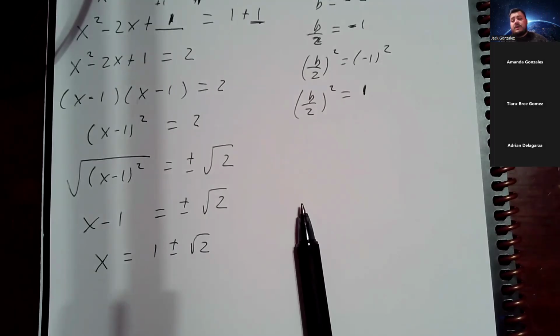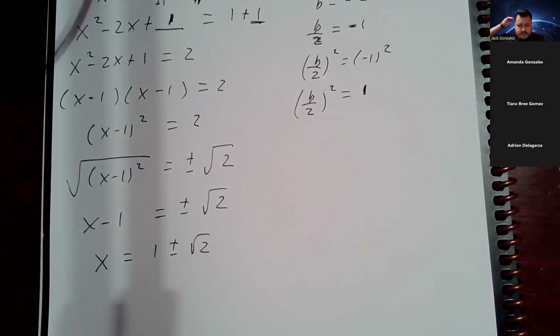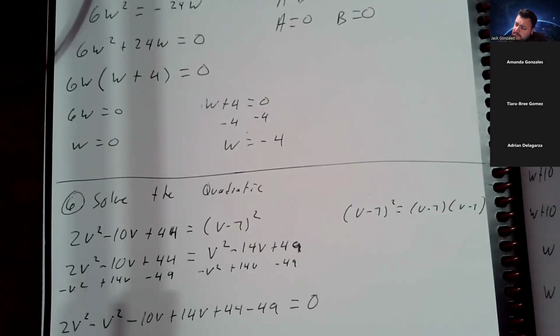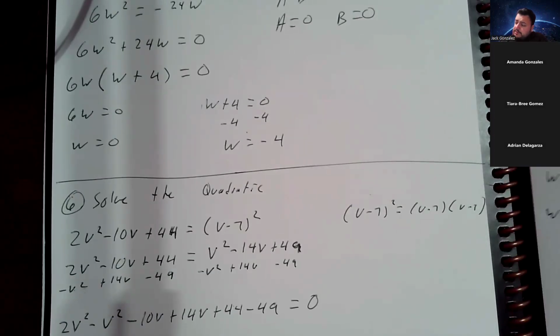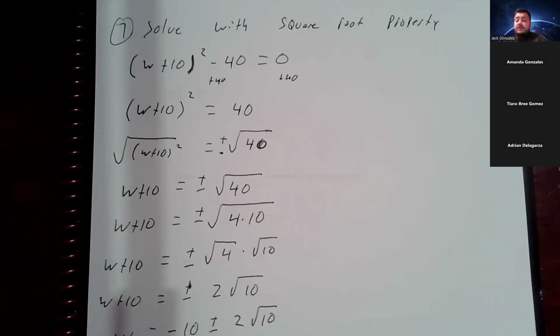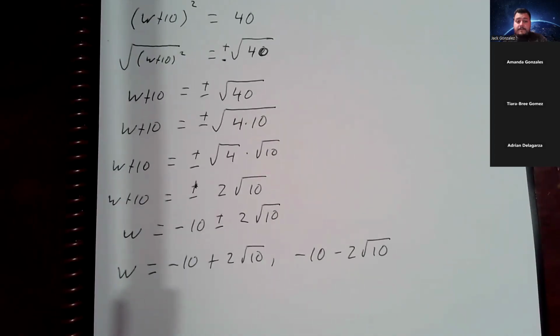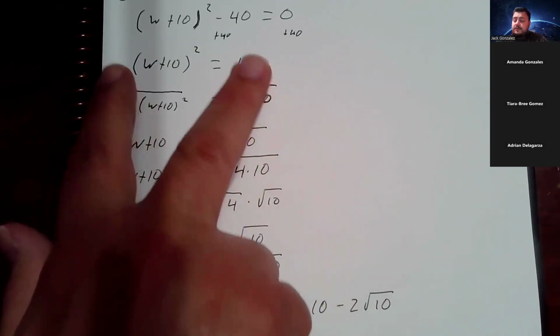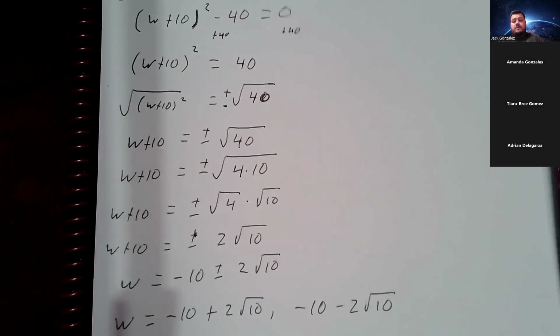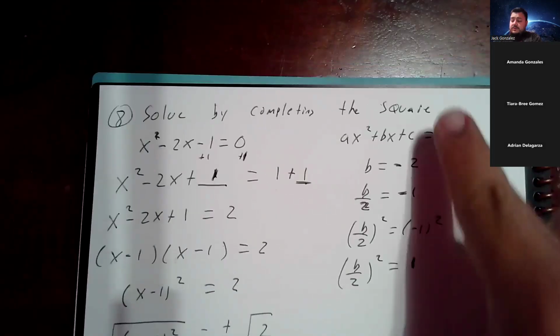The previous problem, we did not complete the square. The previous problem just said square root both sides, I think, right? Let me see. Yeah, so on 7, it said just use the square root property. It's a different technique, although we ended up using the square root property. This one just straight up starts here, right? Or here. So on this one, we completed the square because that was the instructions.